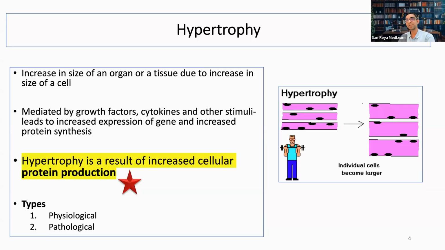Some research says that there is a minimal possibility of that. Sometimes skeletal muscle cells can also divide. But for the sake of your MCQs, we would say that most of the change that you see in increased skeletal muscles is because of hypertrophy.